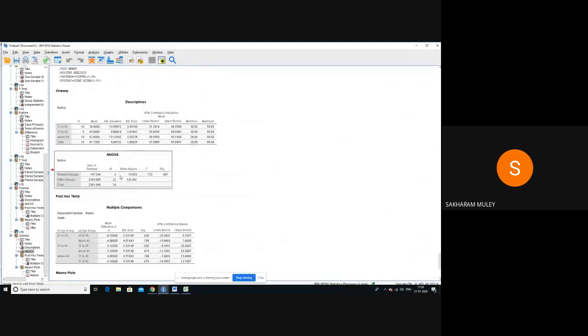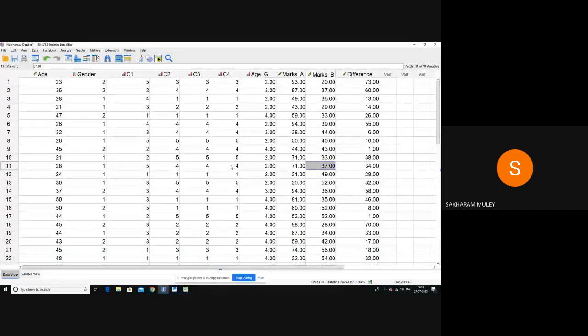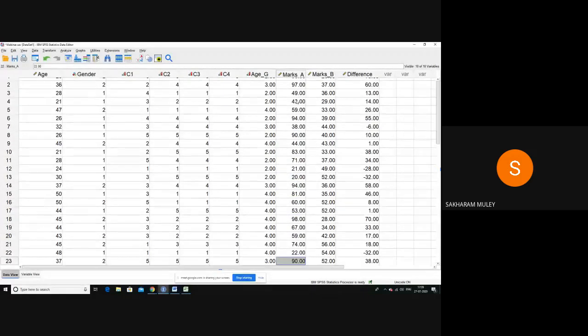So let me make some changes in my data set, just a few changes, for the sake of understanding how exactly I can use the post-hoc test. Let us say I have 50 and this is 90, and this is again 82, 80.